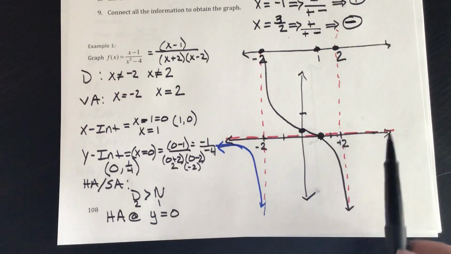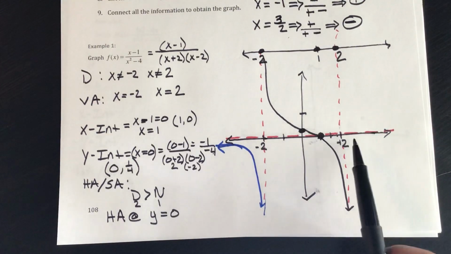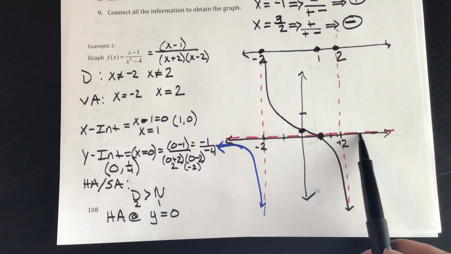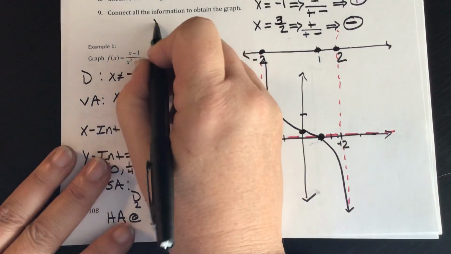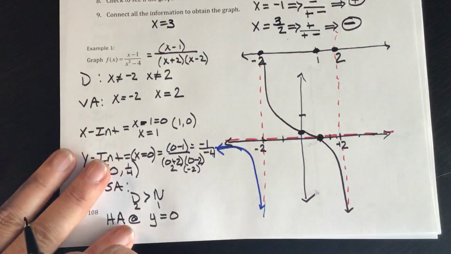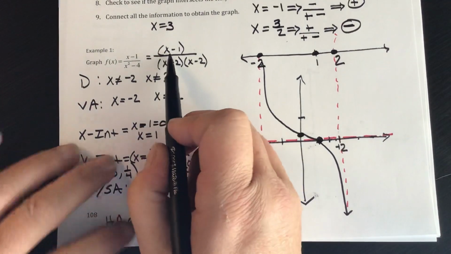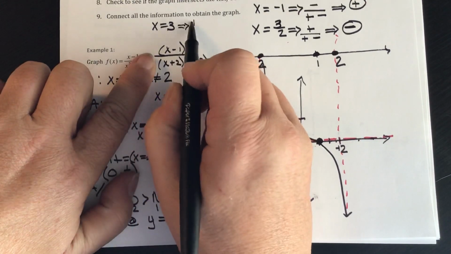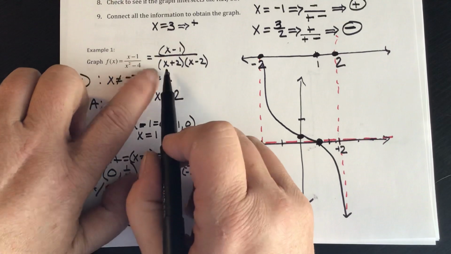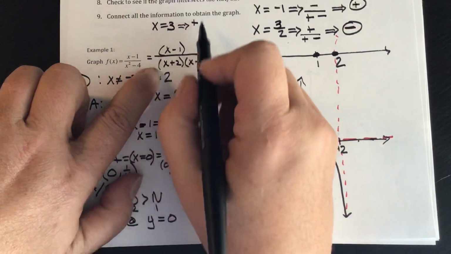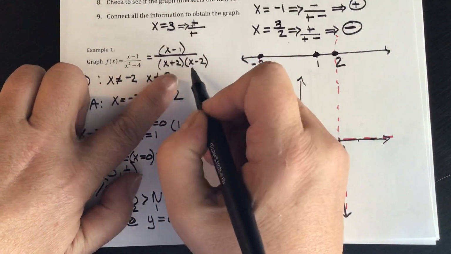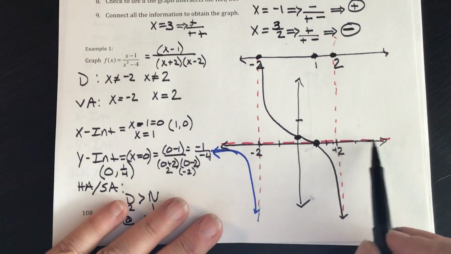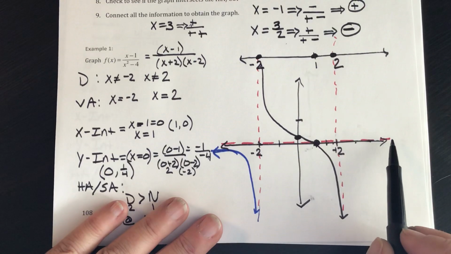Then I need to determine what is happening to the right of this vertical asymptote. If I pick a number over here like x equals 3 and plug 3 into my function, 3 minus 1 is 2, so that gives me a positive value. 3 plus 2 is positive, and 3 minus 2 is positive. So to the right of 2, I'm going to have all positive values.